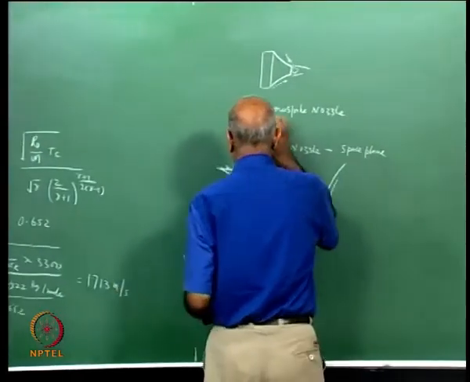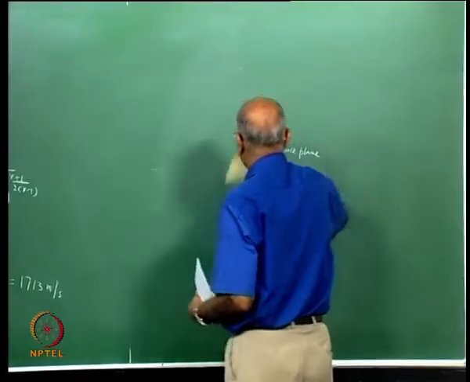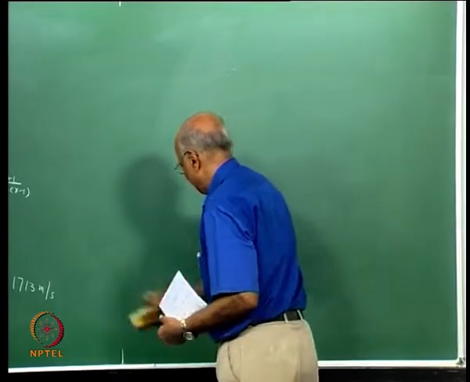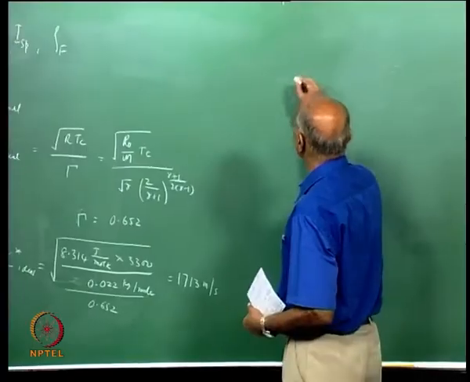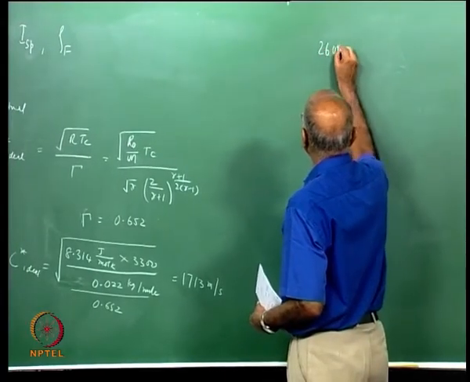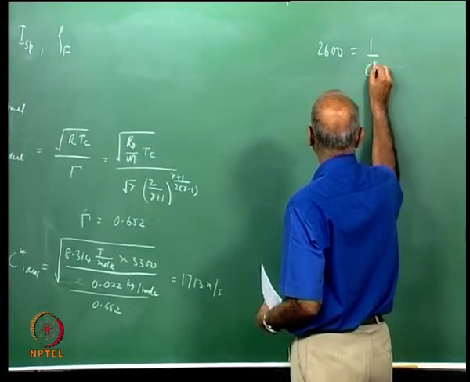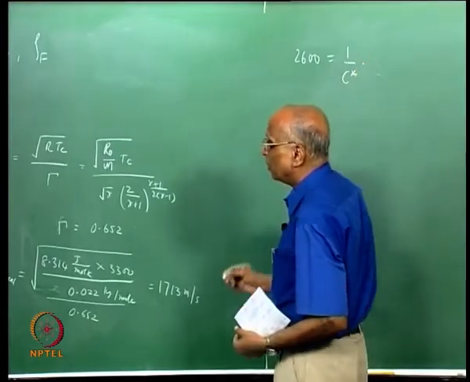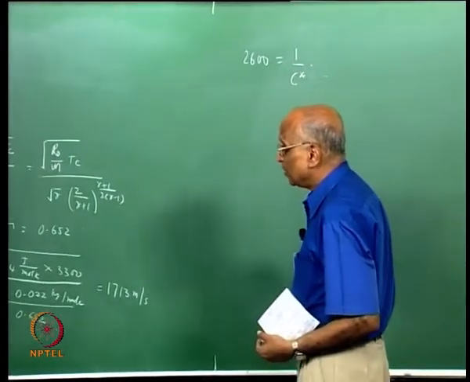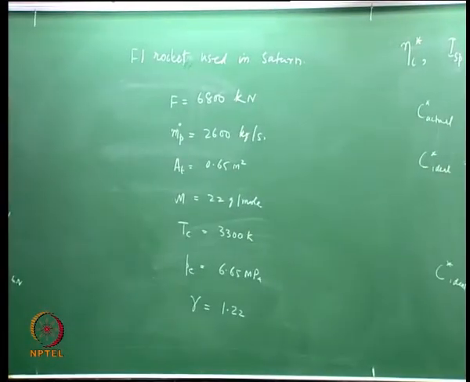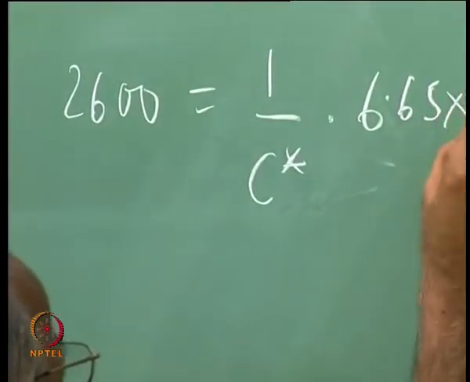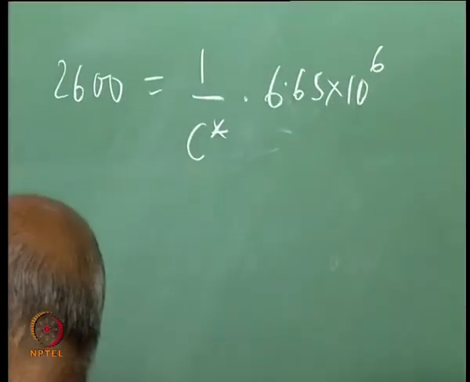I go back, look at the problem, the mass flow rate is given to me as 2600 kilogram per second, equal to 1 over C star into pressure. Pressure is given as Pc 6.65 into 10 to the power 6 Pascal.